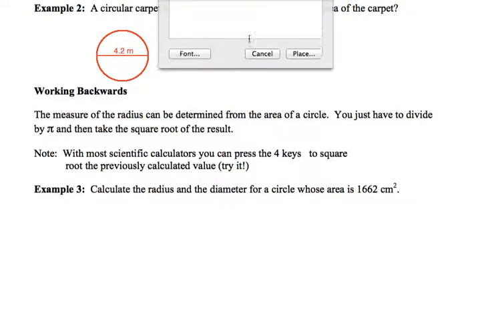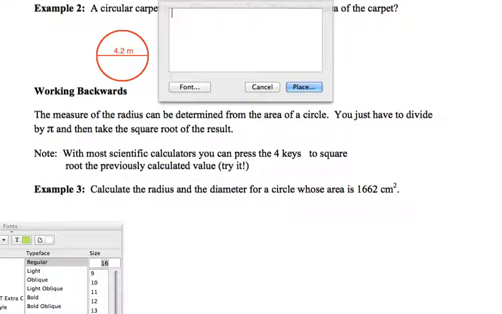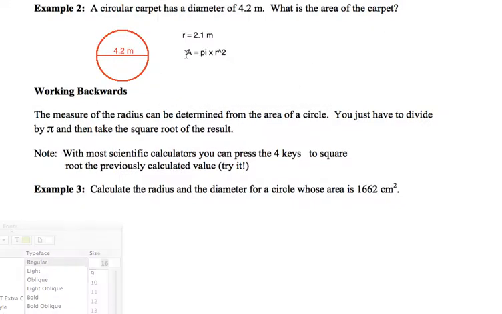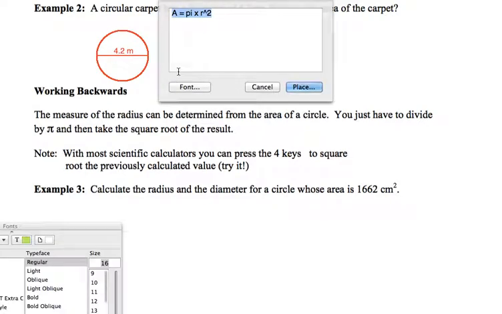And I know that the formula for the area of the circle is pi times the radius squared. So if I know that the radius is 2.1, I can substitute that into my formula and get the answer. I say area equals pi times 2.1 squared.